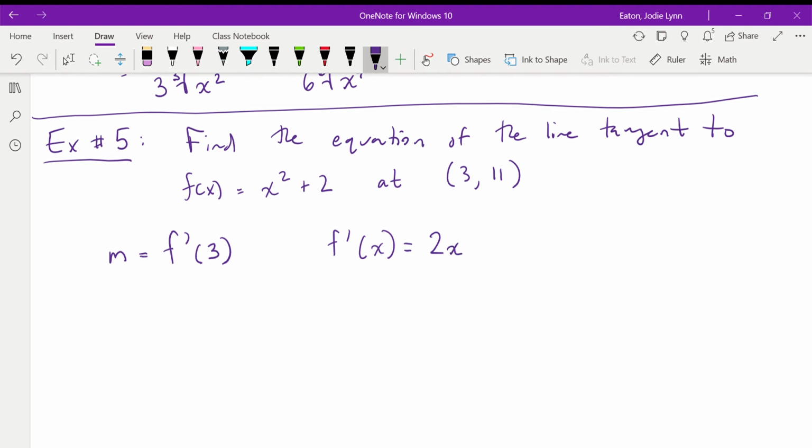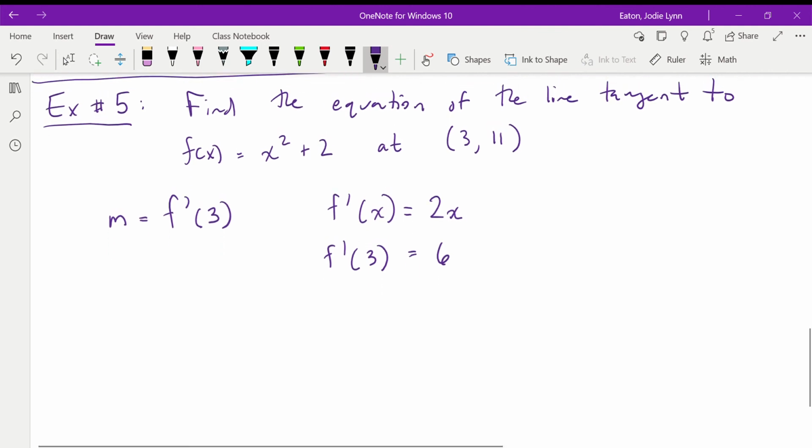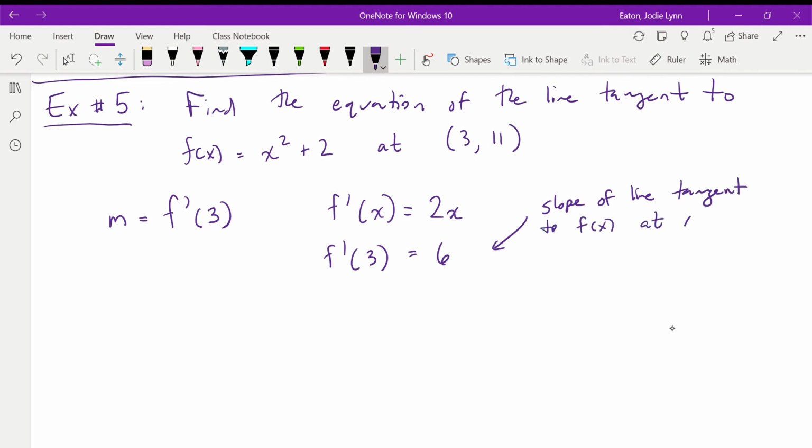The derivative of 2 is just 0. So it's 2x to the power of 1. We're multiplying by the original exponent and dropping the exponent by 1. So that means f prime at 3 is equal to 6. So we've now got our slope: this is the slope of the line tangent to f of x at x equals 3.